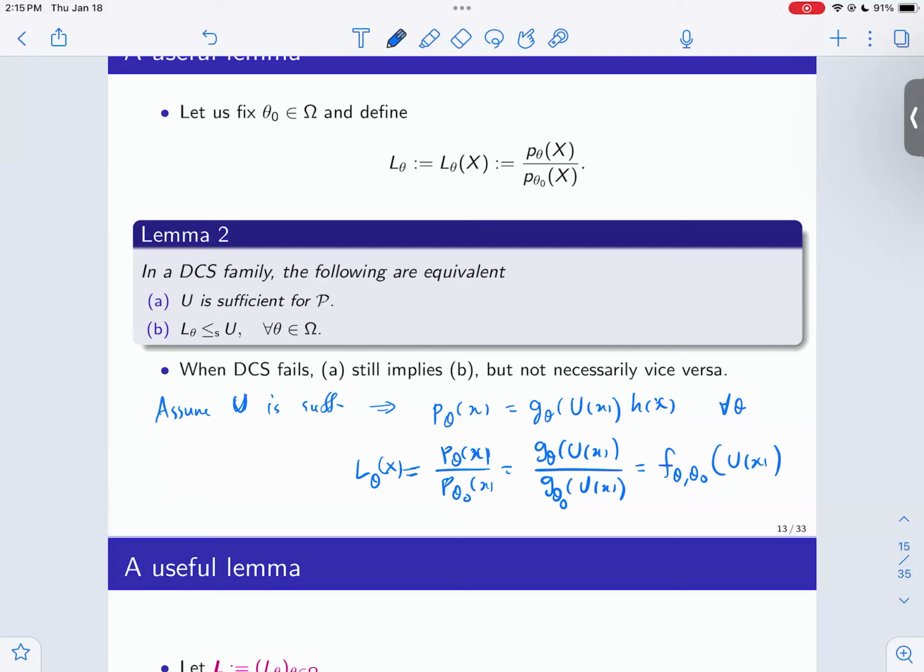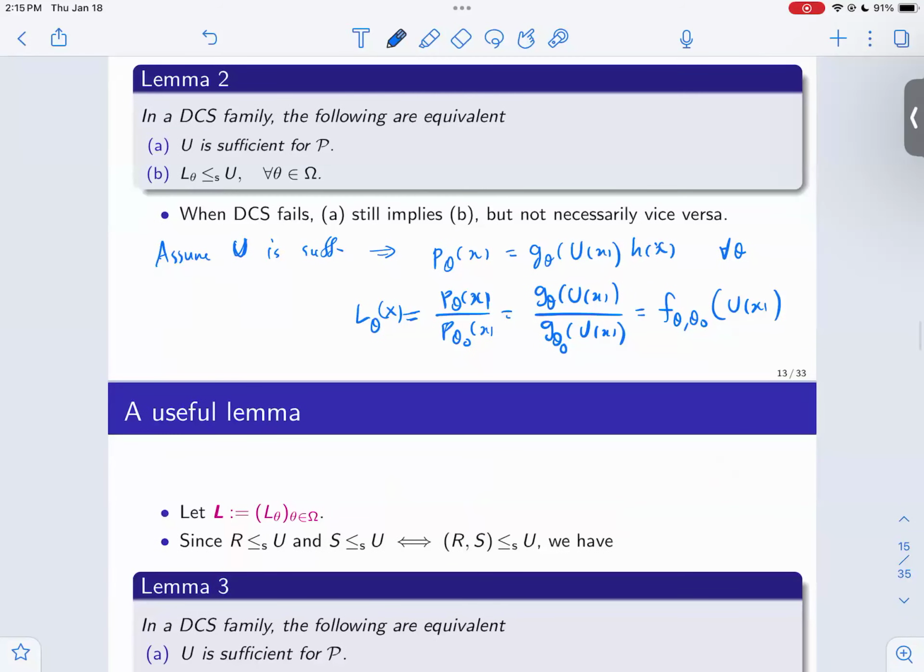How do we show that B implies A? We just reverse this argument. Suppose B holds, then I can write L theta of X as a function of U of X. This function potentially depends on theta and theta naught. Now I know that by definition L theta is P theta over P theta naught.